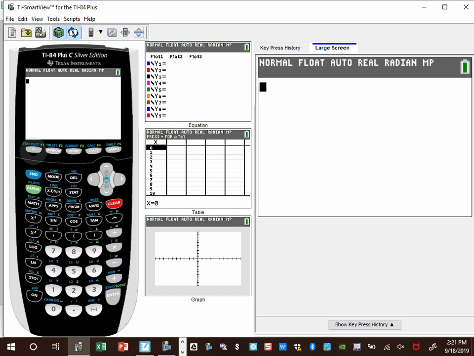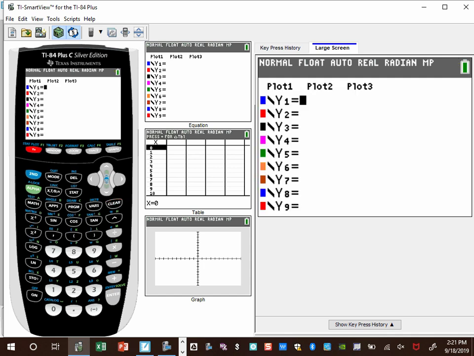Everyone hit y equals at the very top. All right, my first y1 was what again? Positive 2x. X is right here beside alpha. So 2x, was it minus 2? Yeah. Okay. Then we're going to scroll down to y2, and that was just 2x minus 6.